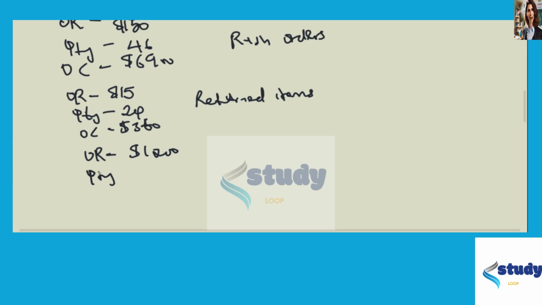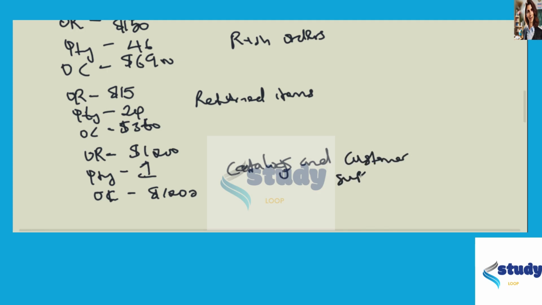The quantity is one. Oh, I didn't mean to put $1 over there. It's just one. And then the overhead cost allocated is 1,200. And this is for catalogs and customer support. Now, the total will basically be the total of everything. So the total for customer 2 is equal to 12,660.